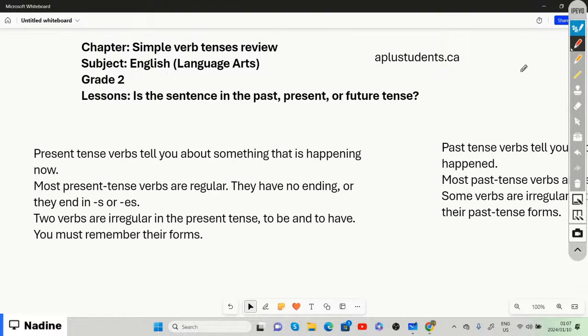Remember, most regular present tense verbs end in S or ES, but the irregular verbs, like to be and to have, have no rule to follow, so you have to remember their forms.